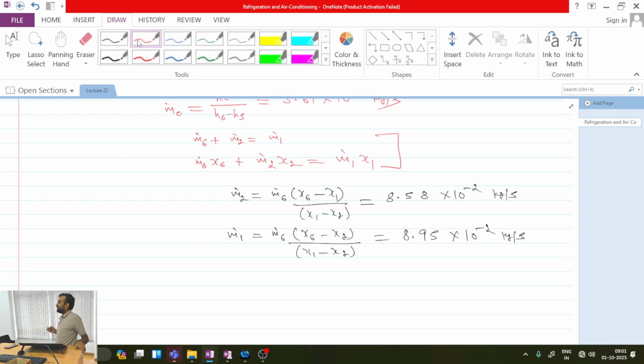Now we need to apply the energy balance equation. So if I apply energy balance across the absorber, what will I be getting? And in this case, m dot 6 was nothing but equal to m dot E. So the enthalpy balance will be m dot 6 into H6 plus m dot 2 into H2 equal to m dot 1 into H1 plus Q dot A, or QA simply.